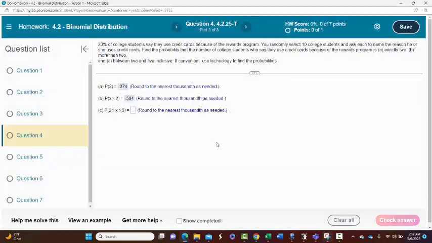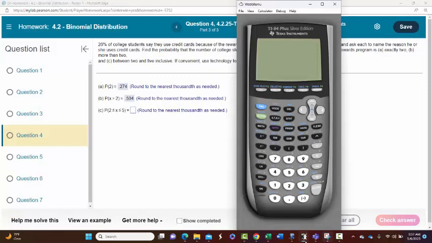Wonderful. And I haven't forgot the calculator. On the calculator, we went 1 minus true there, we'll go 1 minus binom CDF here. Got to scroll down to get to these.